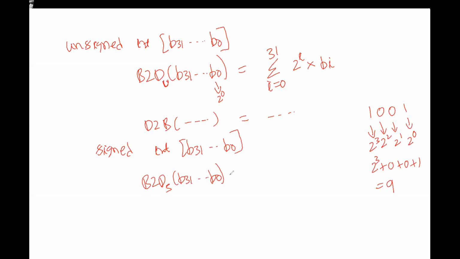In fact, there are many ways of mapping, but the mapping that is used in practice is what is called a 2's complement representation of numbers. So in the 2's complement representation of numbers, the most significant bit B31 is called a sign bit, and the weight associated with it is minus 2 power 31.